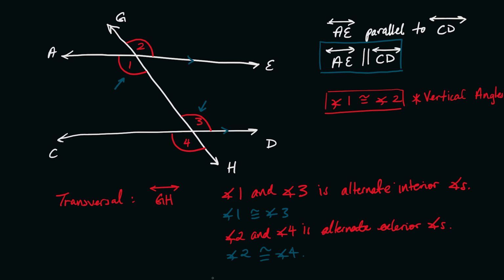Even though all of this is true, we also have adjacent angles. Adjacent just means that they're next to each other. So if they're supplementary or complementary, then they would be adjacent angles, because they're next to each other.